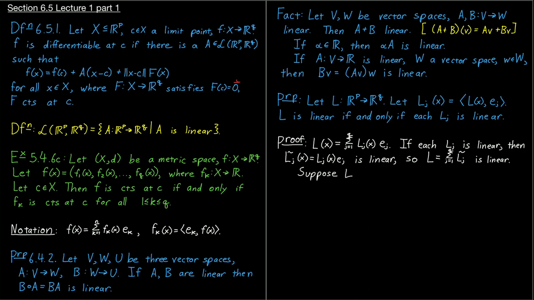Suppose L is linear. And let's let P sub j of x be the inner product of x with ej, so that pj of the vector x1, x2 up through xq is xj.